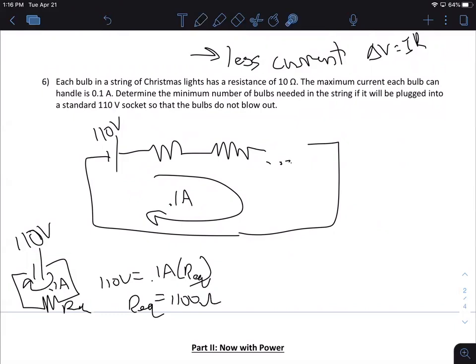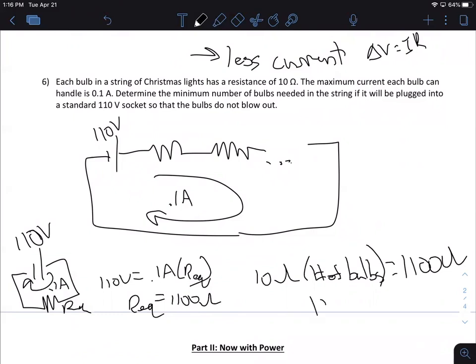So how many light bulbs would I need to get that? In series I can add them, so it's 10 ohms times my number of bulbs has to be 1,100 ohms.